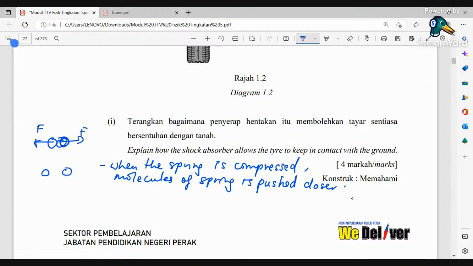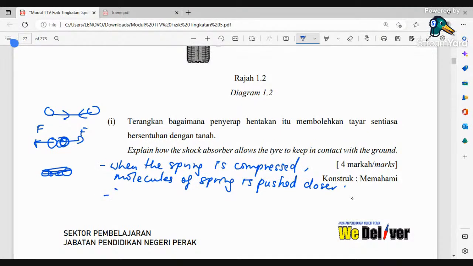Okay, further dia ada attractive force. Kalau you move it further like this, so dia akan ada attractive force between the two molecules. Okay, jadi ada dua di sini.